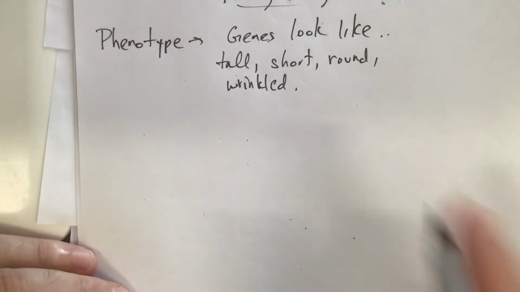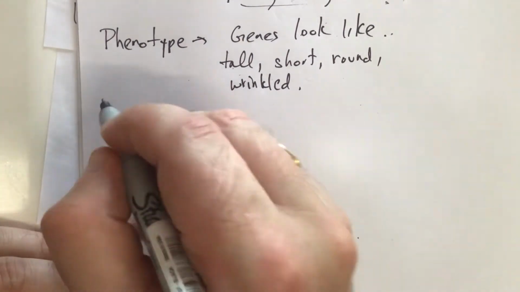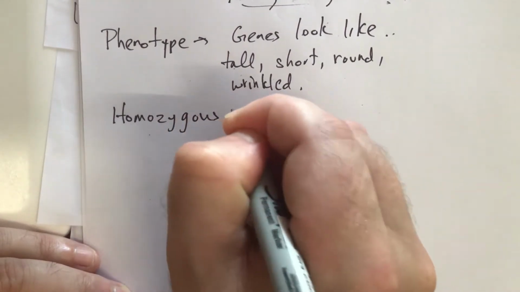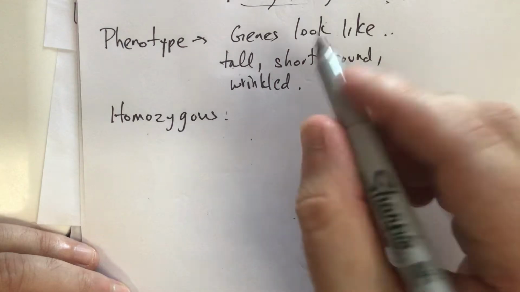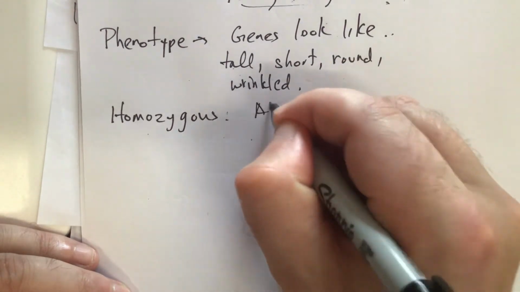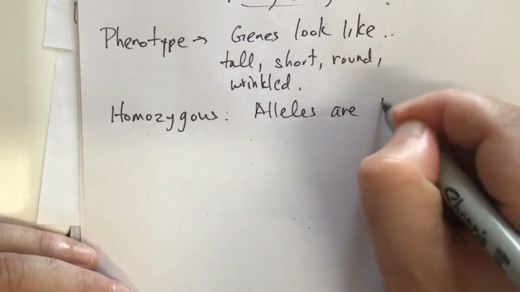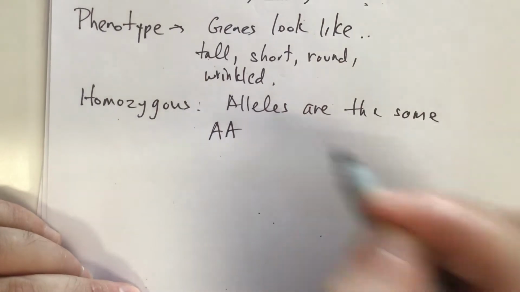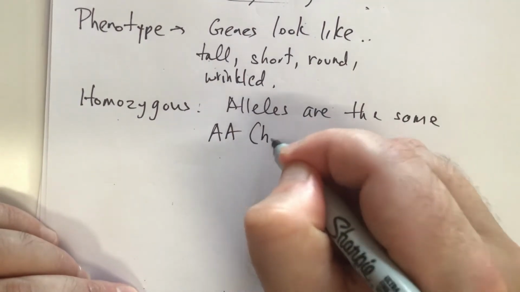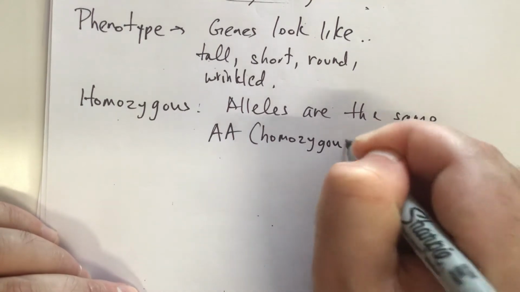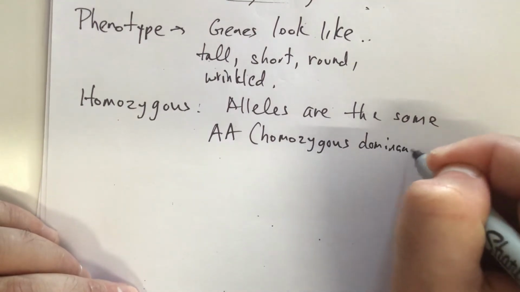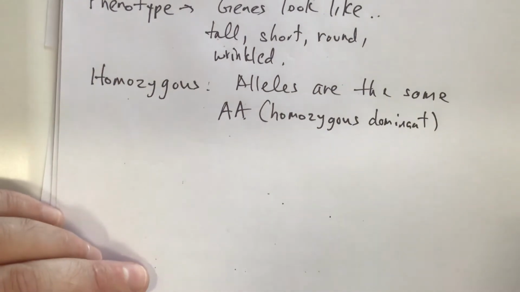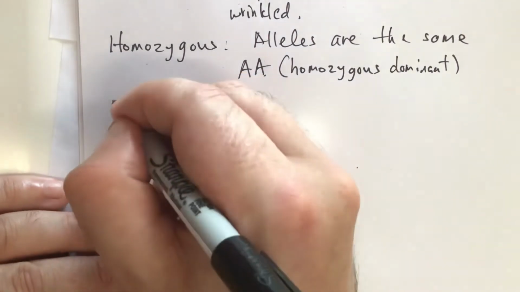The other important piece of vocabulary that we need to review is the difference between homozygous and heterozygous. Homozygous means that the alleles are the same. They're both the same. So you can have 2 capital letters like this, and in this case we refer to this as being homozygous dominant, because we have two that are the same, and they're 2 dominant traits.